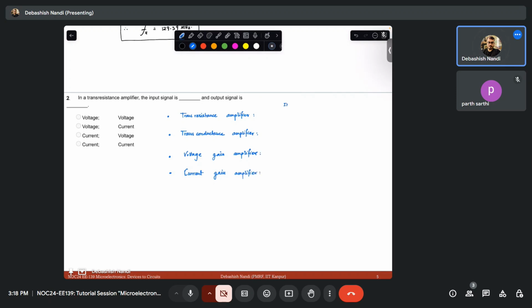So input and output you need to mention in terms of currents and voltages. Okay, so what is the basic definition? Basically it depends on what kind of matrices you use.